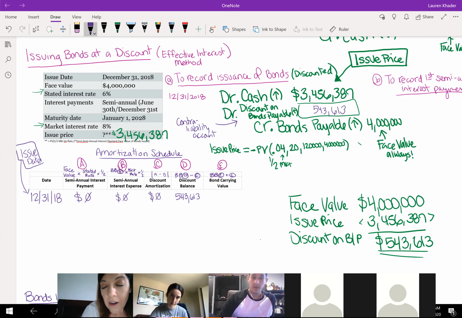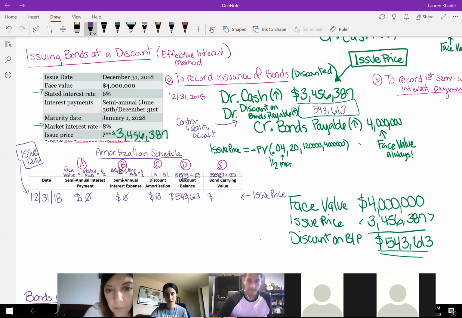So at maturity, the carrying value of our bonds will also equal face value. For the bond carrying value, the initial amount is always equal to the issue price. That's our initial bond carrying value: 3,456,387.